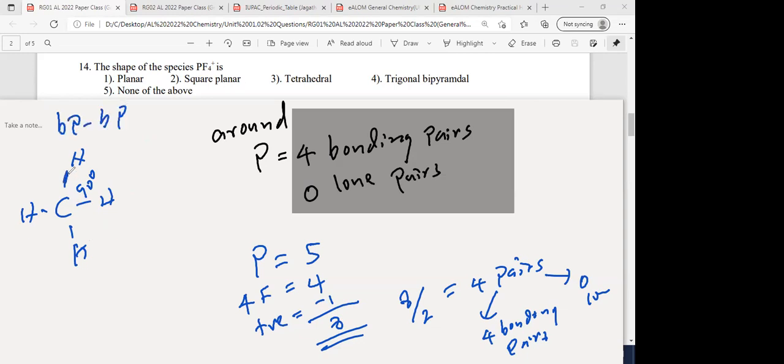This bonding pair has 2 electrons, and this bonding pair also has 2 electrons, so between these bonding pairs there is a repulsion. But with tetrahedral geometry, the angle will be 109.5.